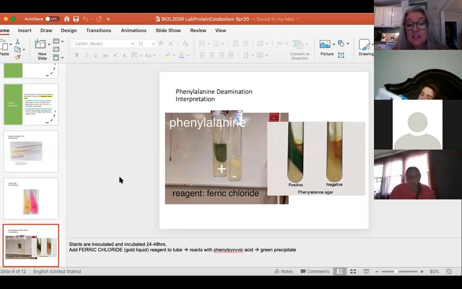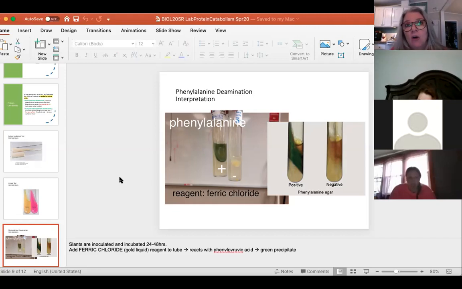The first test we're looking at is the phenylalanine deamination test. And this one is also conducted on an agar slant. Inside that agar slant, there's a basic nutrient medium, but it's supplemented with this amino acid called phenylalanine.